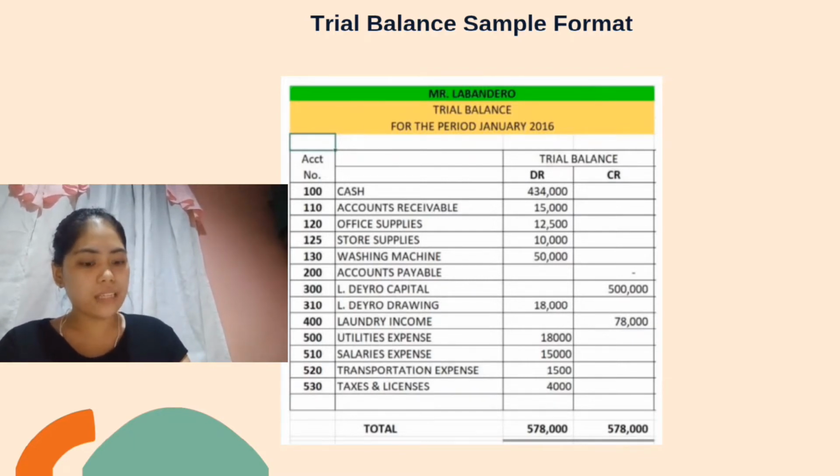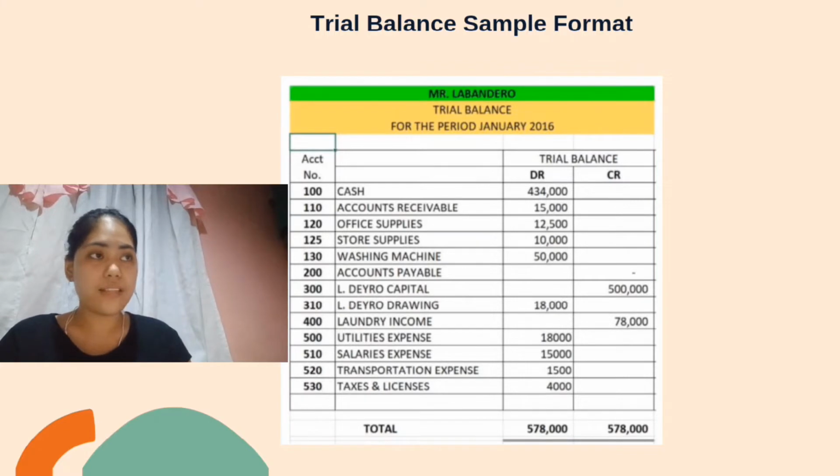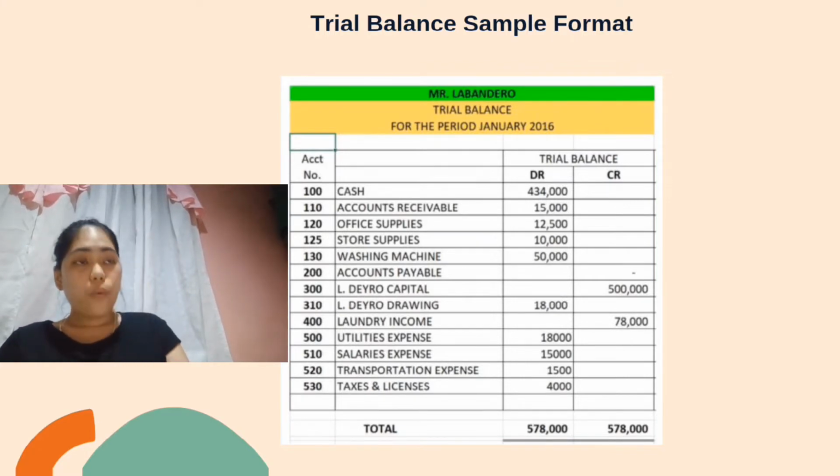The columns that the account balances go in usually line up with the normal balances of the account types, which we can remember using the acronym DEALER. Dividends, expenses, and assets are normally debit accounts, so these go on the left side. Whereas liabilities, owner's equity, and revenue are normally credit accounts, which go to the right side.